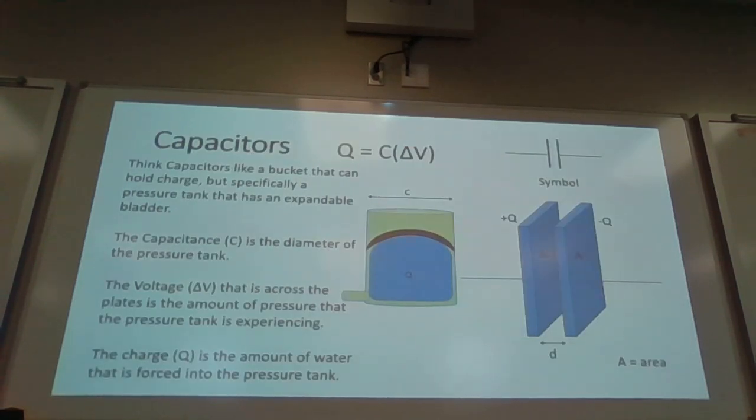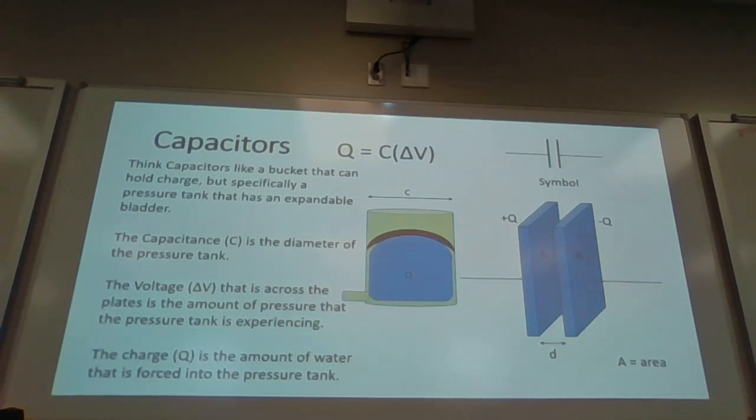Okay. So when we're talking about capacitors, these are like storage tanks for electric energy. This is the future of batteries. There's a lot of research going into how do we store electric energy in capacitors.